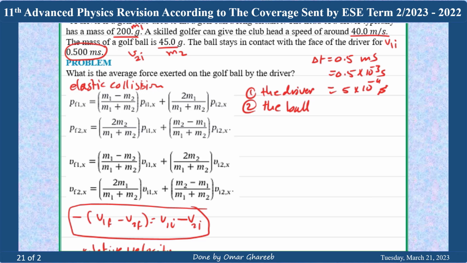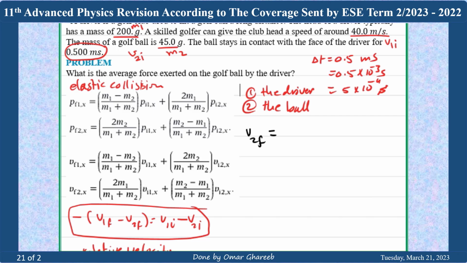It is important to decide which is which: the driver is 1 and the ball is 2. Now I need to find the speed of the ball after the collision. The ball is 2, so I need to find V2 final.